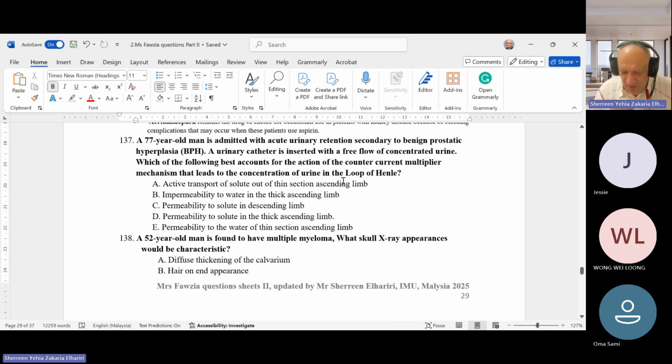Of course, this is a physiology question, asking what is the cause of the concentration in the loop of Henle. You know the loop of Henle has an ascending part and a descending part, thick and thin parts, but he needs to know the action of the countercurrent that leads to concentration. He is asking which limb's main function is concentration.